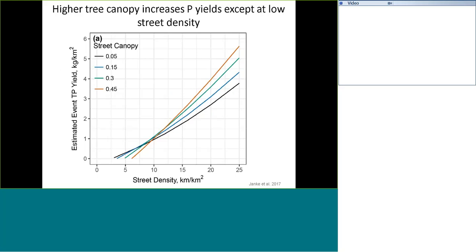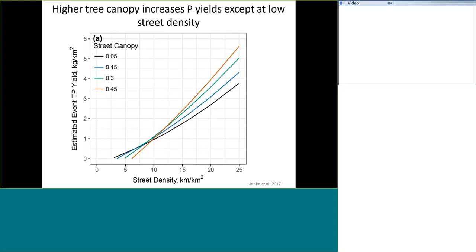So, but we were also interested in the relationship between tree canopy cover and total phosphorus export from these watersheds. In order to get loading or phosphorus yields from these watersheds, we also have to account for runoff volumes.